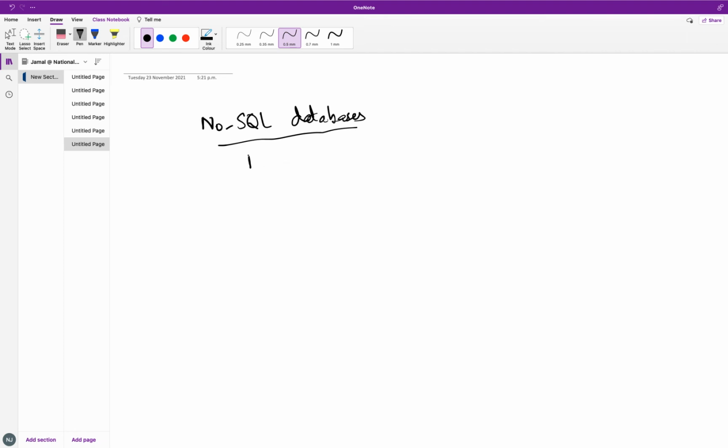Nowadays, there are so many famous databases. MongoDB is there, right? Neo4j is there, Cassandra is there, Apache Ignite is there.